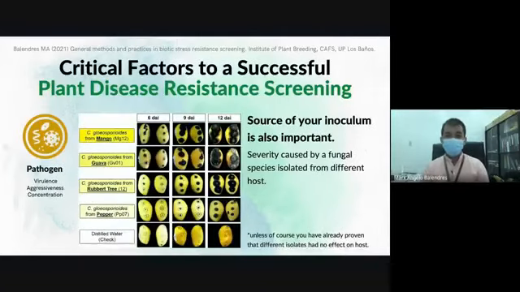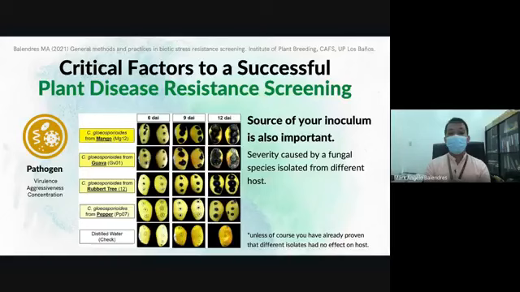Here's another example on the effect of the source of your inoculum. These are different Gloeosporioides species or isolates, and they were obtained from different crops. The results here indicate that the mango isolate is more virulent on mango, but the pepper and then the rubber tree isolates are not as aggressive.